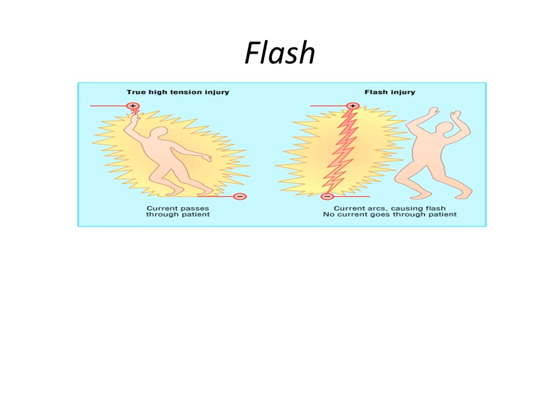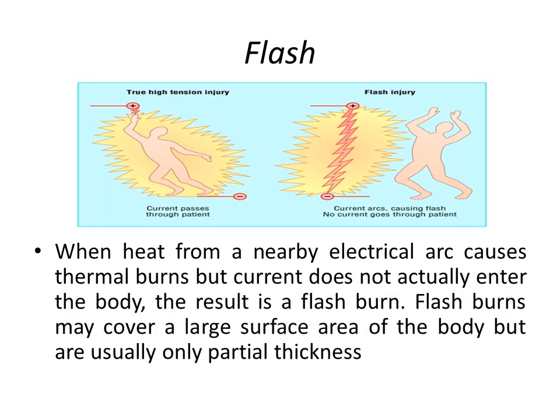The flash injury may traverse from a high voltage to a low voltage region, and current arcing produces huge heat, and that heat heats up the gaseous particles surrounding the arc and ultimately results in the burn injury. Heat from a nearby electrical arc causes thermal burns, but current does not actually enter the body.